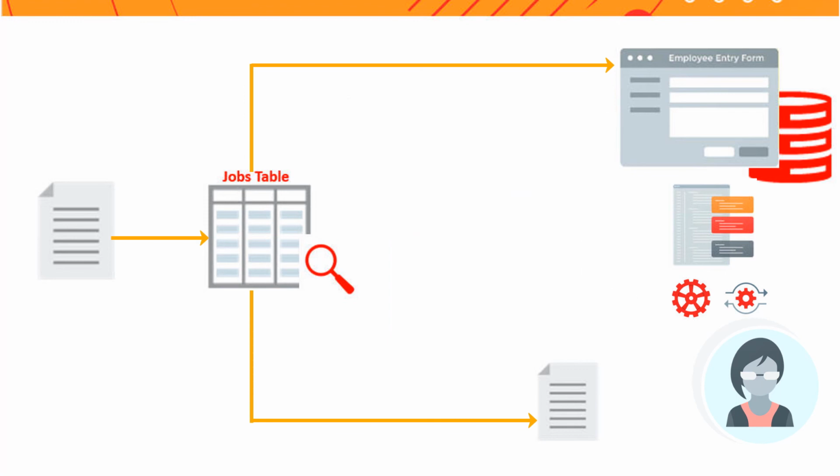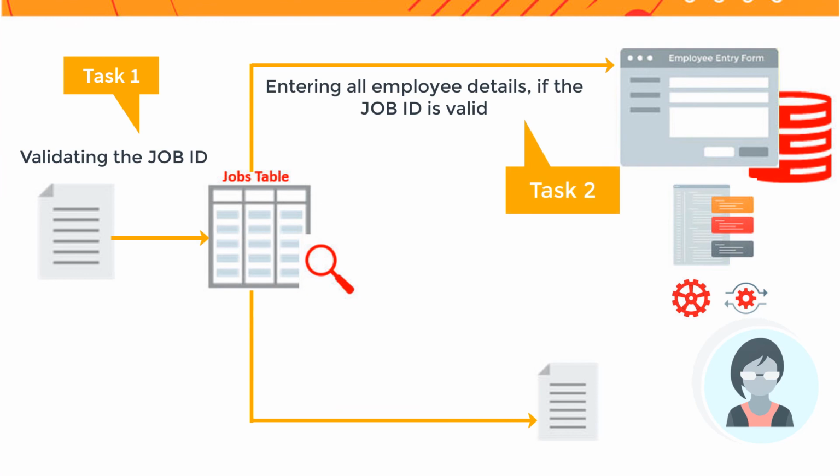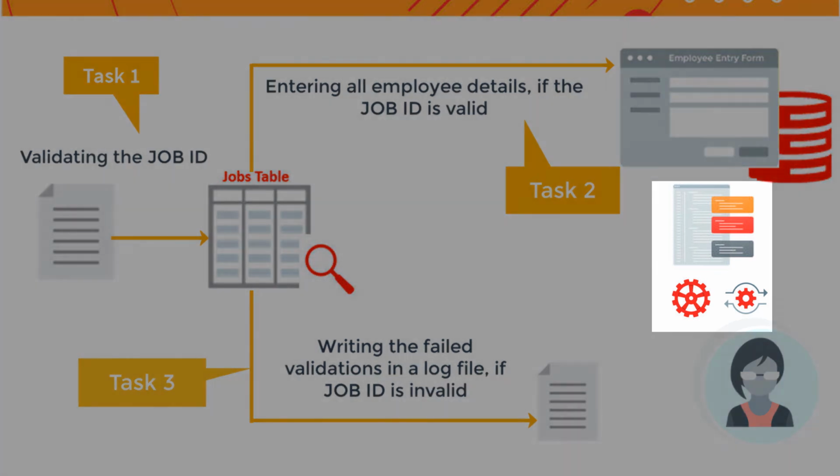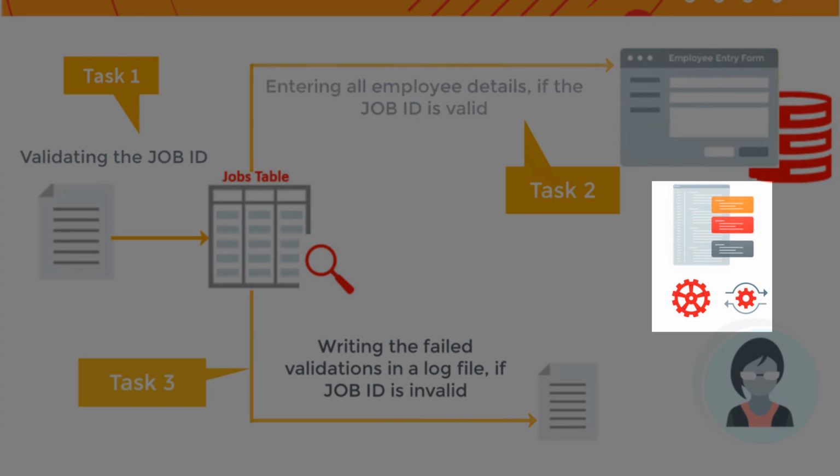The tasks in the workflow are: first, validating the job ID; second, entering all details of the employee if the job ID is valid; and third, writing the failed validations into a log file. Do you see how easy Jill's work has become after using the PLSQL subprograms, stored procedures, and stored functions?